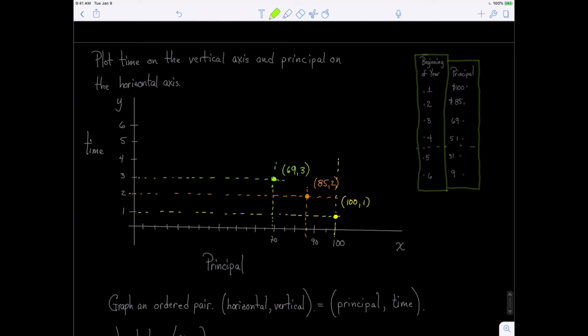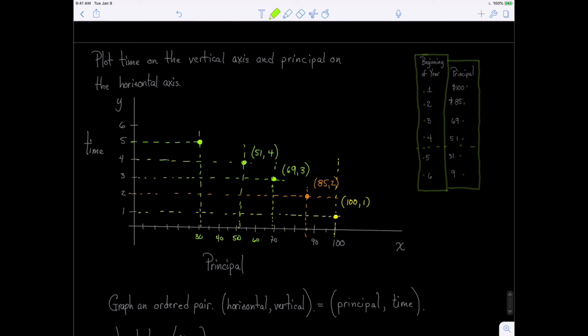Then 51, 4. Here's 70, here's 60, here's 50, so 51 and 4 right there. That's the ordered pair 51, 4. The next one is 31, 5. There's 40, there's 30, so 31 and 5.